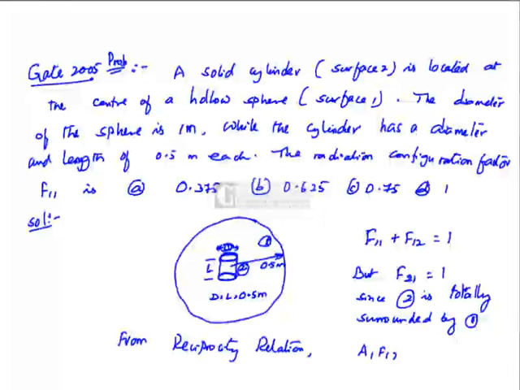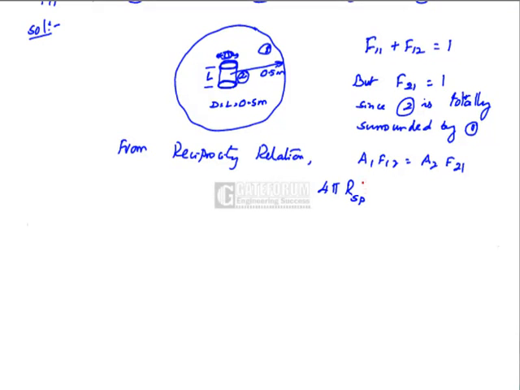A1 F12 is equal to A2 F21. What is A1? 4 pi radius of the sphere square, into F12, is equal to, what is A2? Surface area of the cylinder, that is pi dL plus pi by 4 d square into 2. That is the total surface area of the inner cylinder, into, what is F21?